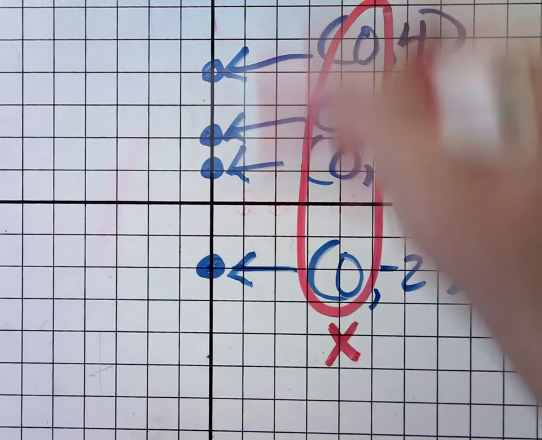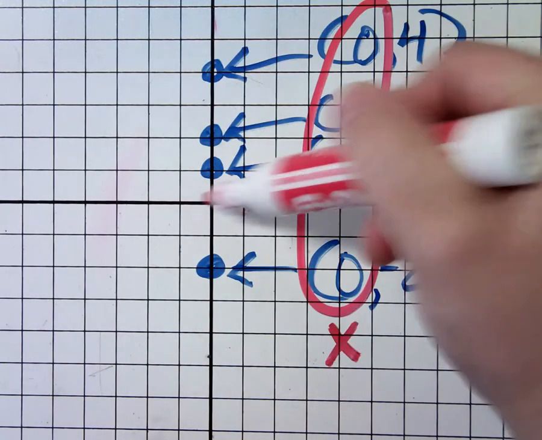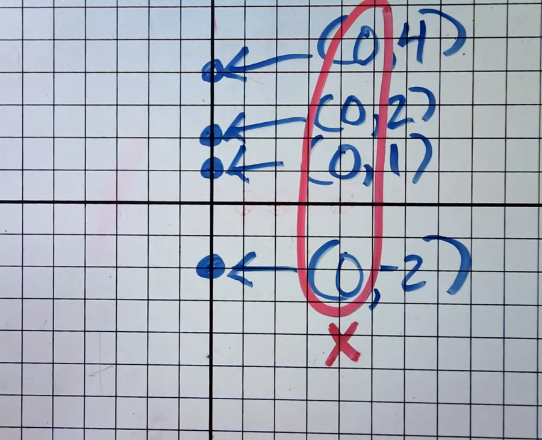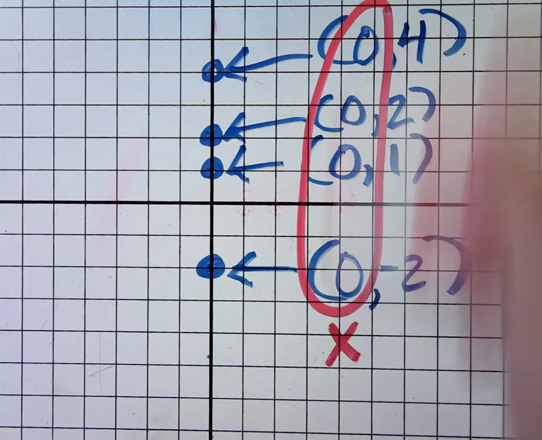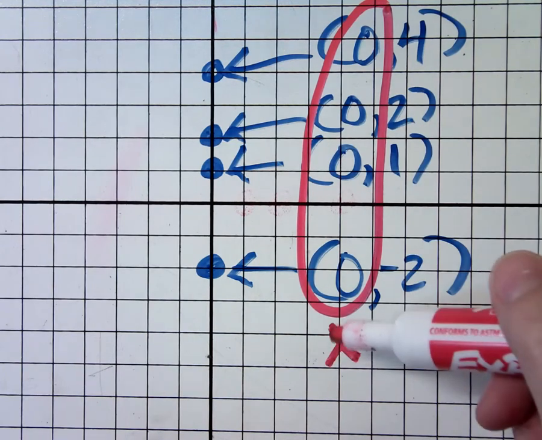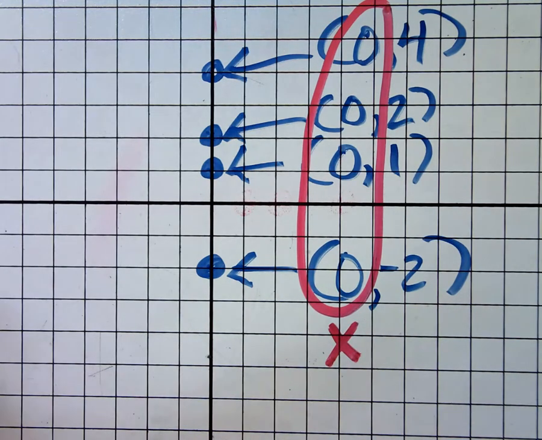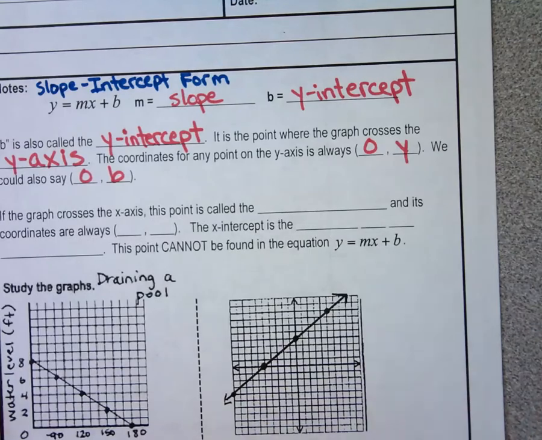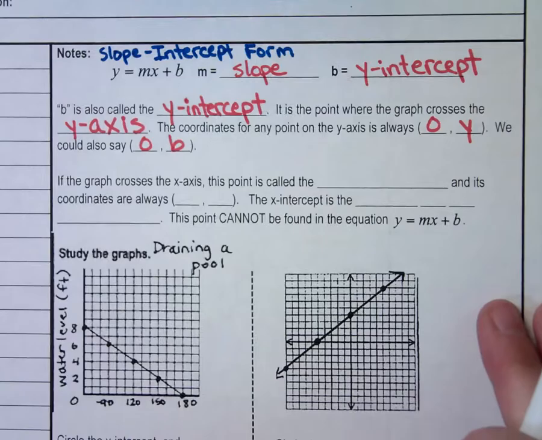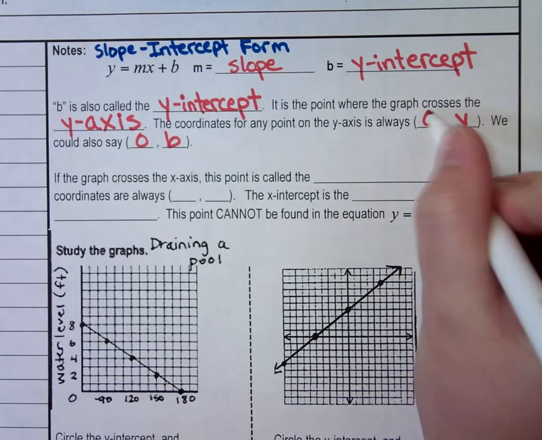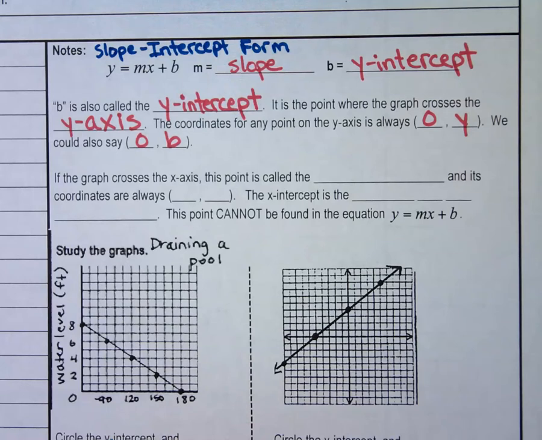So the only way to be on the y-axis is to have an x-coordinate of 0. Okay, so y-intercepts always, always, always have an x-coordinate of 0. Okay, let's go back to the paper for a second. So that is why whenever we're talking about y-intercepts, we always have a 0 where the x is.